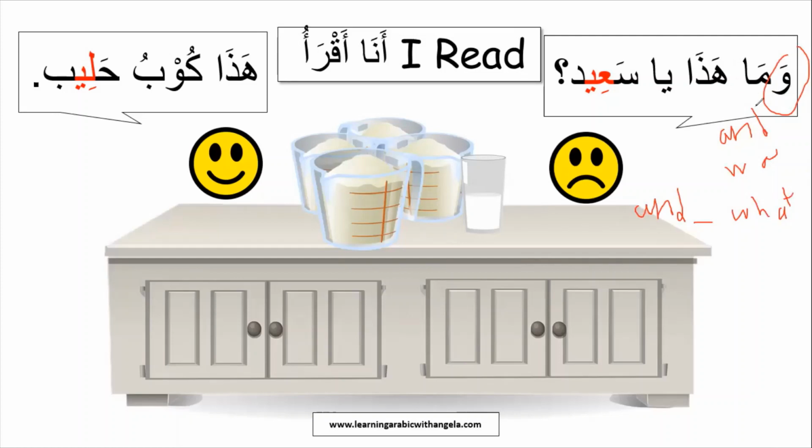So anytime you've got one letter in Arabic, it's going to attach itself naturally to the next word. وما هذا يا سعيد؟ هذا كوب حليب. This is a cup of milk.